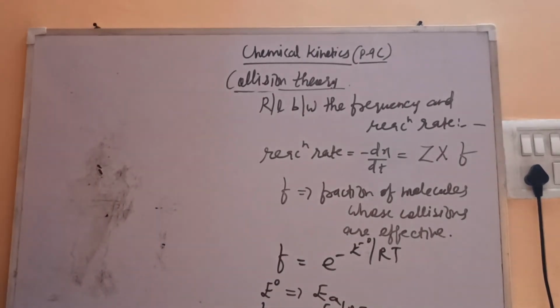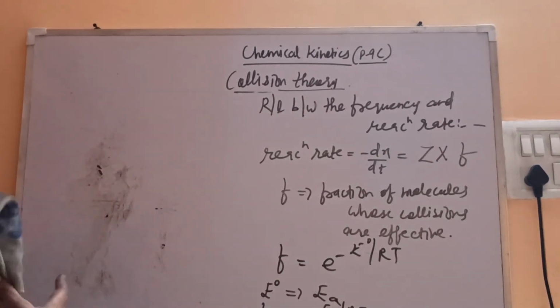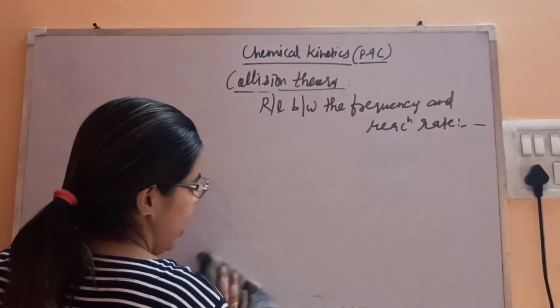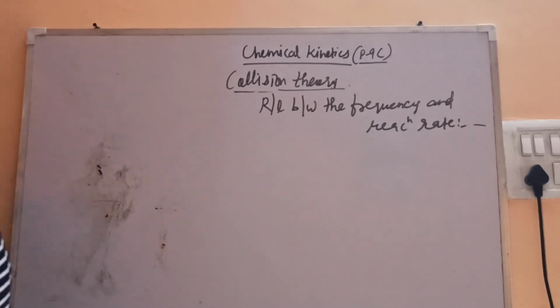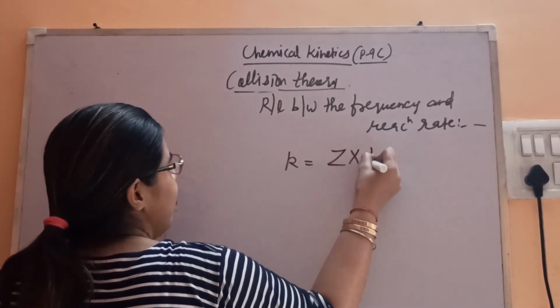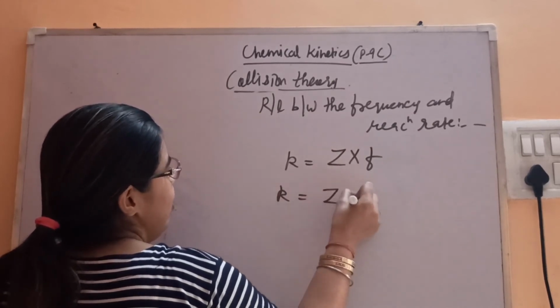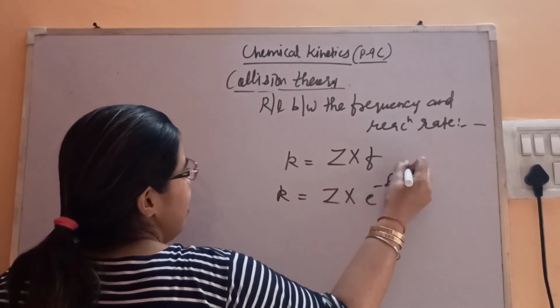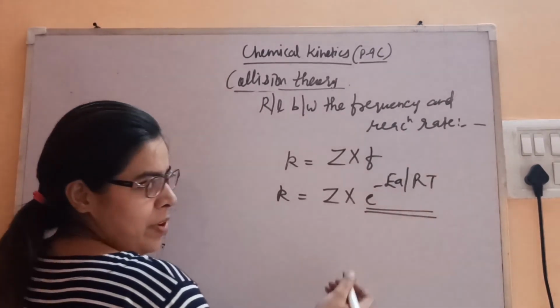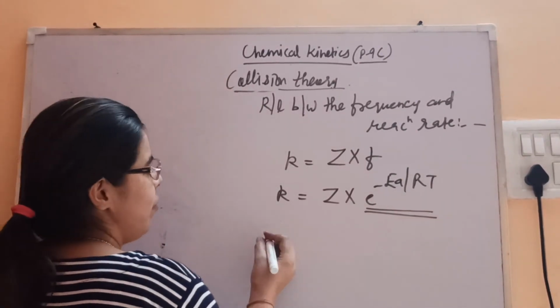And as we know that rate is directly proportional to rate constant, we can write that K is the product of Z into F. So K is Z into e raised to the power minus Ea by RT. This is the factor which comes in that Arrhenius equation.